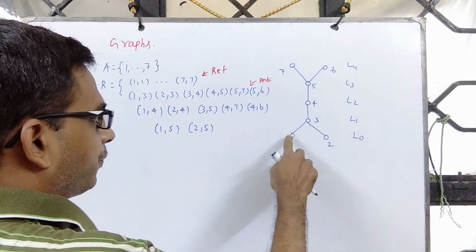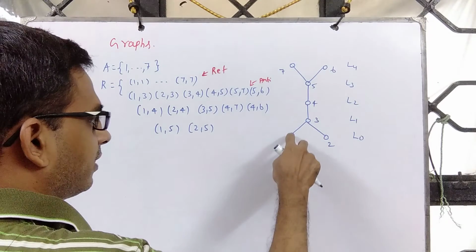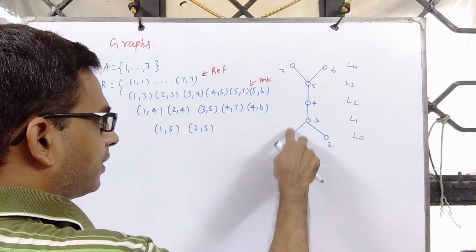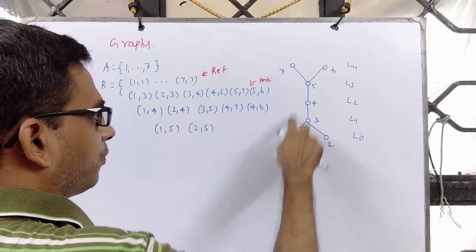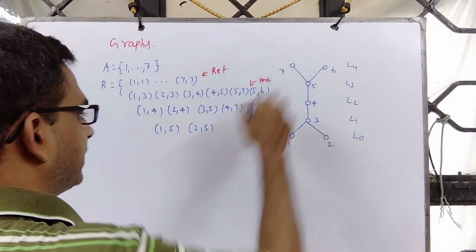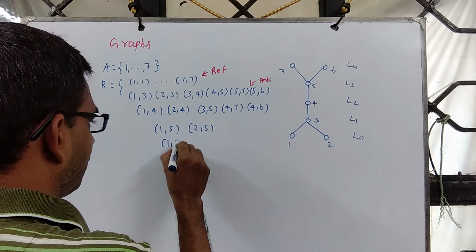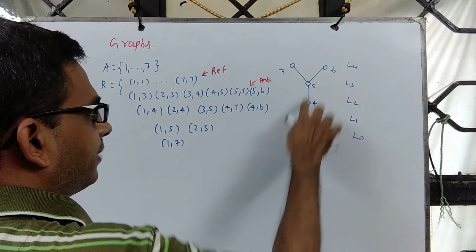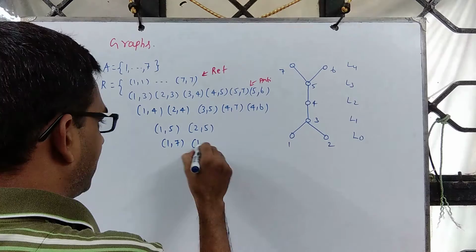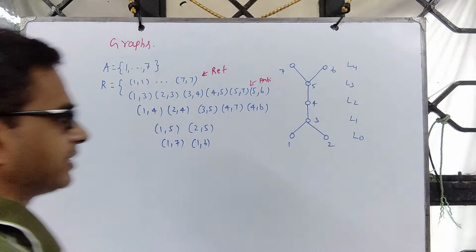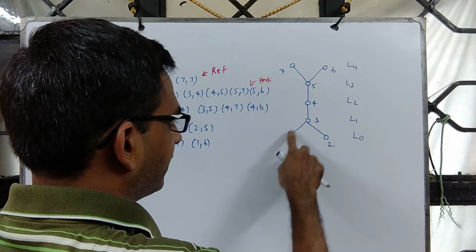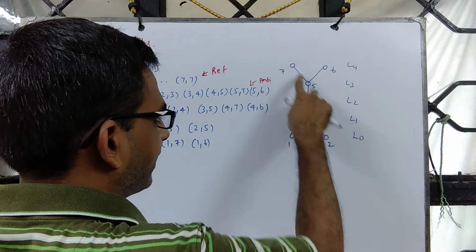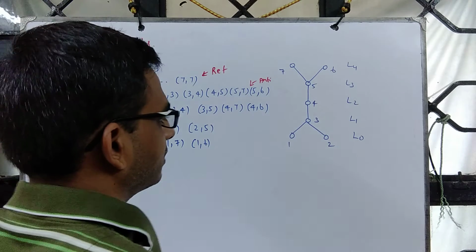Now this 1,4 is done, but 1,4 and 4,5 gives 1,5, and 1,5 and 5,7 will have 1,7, so you will also have 1,7. Similarly, 1,5 and 5,6 you will have 1,6. So in some sense you will have transitive arcs from here to all that can be reached from this.